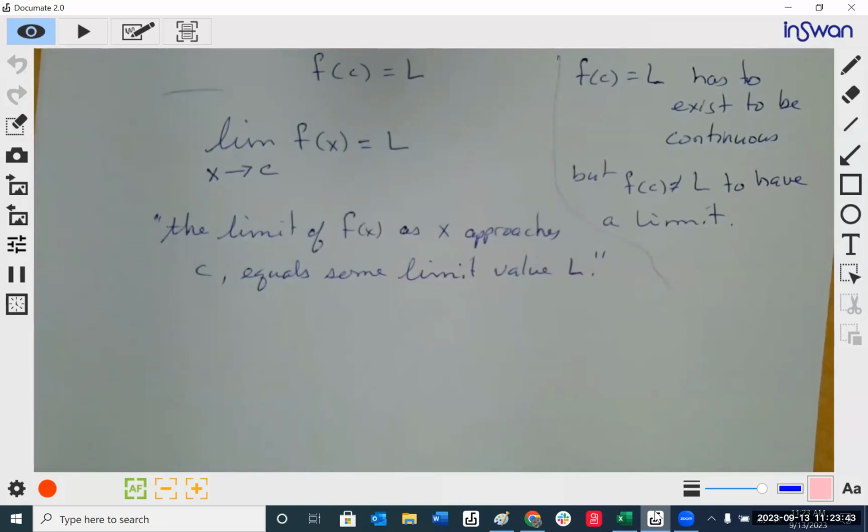And we just abbreviate it, saying that the limit as x approaches c of f equals L.